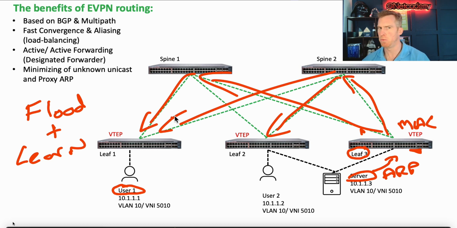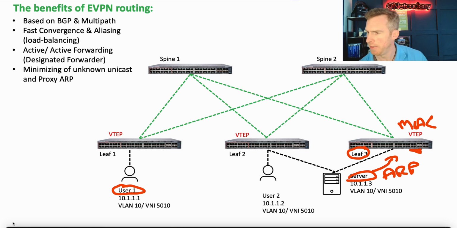With EVPN, we're not doing this flood and learn. And that is because we are using a route type 2. It's one of the update messages within the EVPN world, where we are actually advertising the MAC address of the server here.